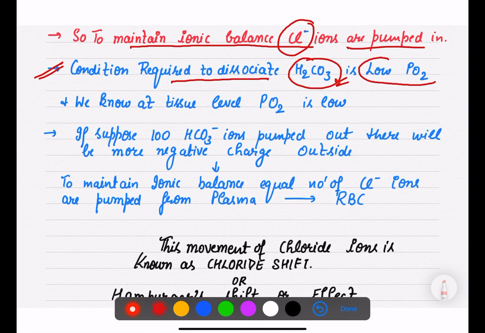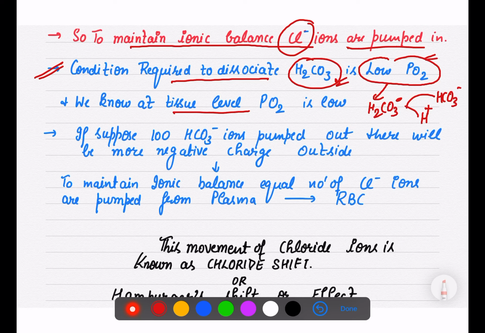Whenever there is a low partial pressure of oxygen at the tissue level, at that moment H2CO3 breaks down into H positive and HCO3 negative ions.